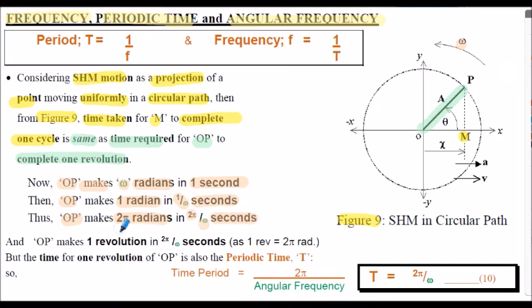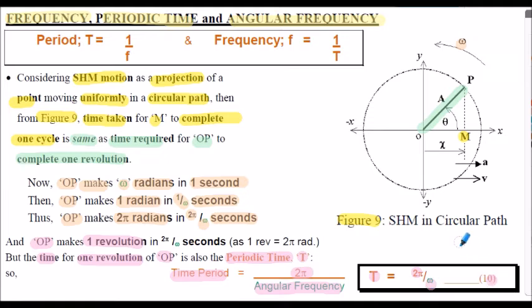We know from our work on radian measure that 2 pi radians is 1 revolution, and that the time for 1 revolution of OP is the periodic time T. So our periodic time can be written as 2 pi upon the angular frequency, or T is equal to 2 pi upon omega. Call that equation 10.